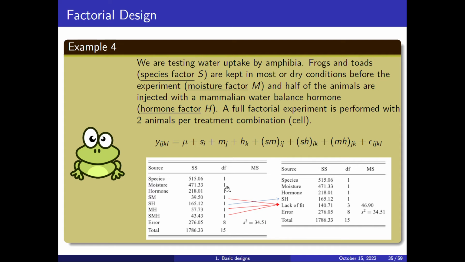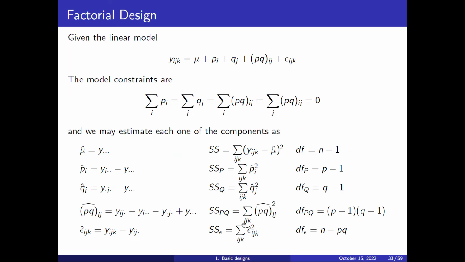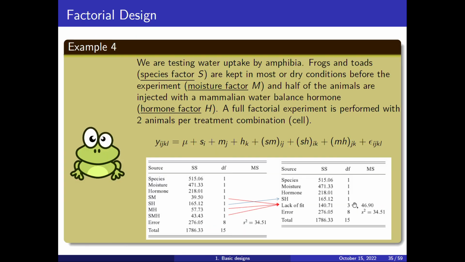So this is 1, this is 1, this is 1, and for the interactions, you may remember, it is p minus 1 times q minus 1, so it is 1 times 1, so we need 1 degree of freedom for each one of the double contributions, and also for the triple it is p minus 1, q minus 1, r minus 1, so it will be 1 also, 1 times 1 times 1.